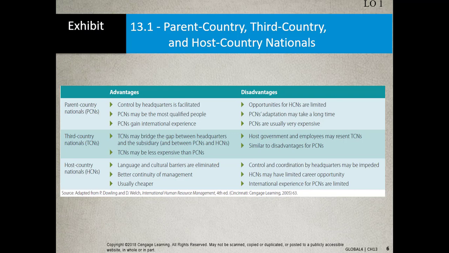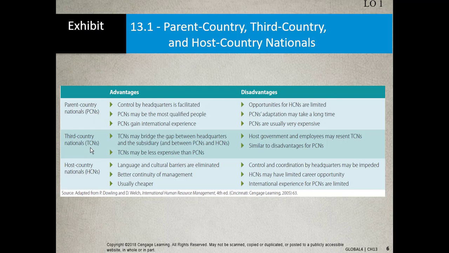So you're blocking their opportunities. The parent company national's adaptation may take a long time. Ariel is rusty on Spanish, and culturally he hasn't gone out, and he's from New York. And so this is going to be a big culture shock, and it may take him and his wife a while, and the kids. And of course, very expensive. We talked about that. Now let's look at the third country national.